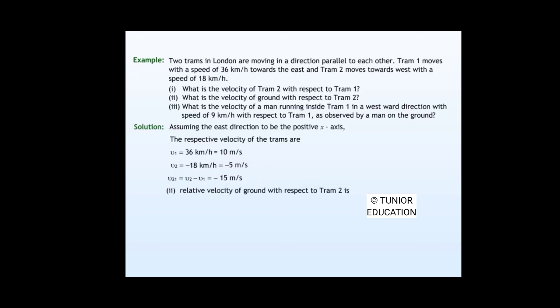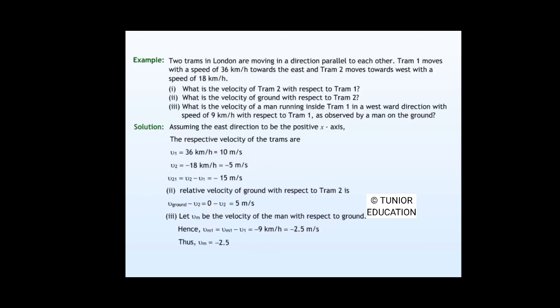Relative velocity of the ground with respect to tram 2 is v ground minus v2 equals 0 minus v2 equals 5 meters per second. Let Vm be the velocity of the man with respect to ground. Hence, Vm1 equals Vm minus V1 equals minus 9 kilometers per hour equals minus 2.5 meters per second. Thus, Vm equals minus 2.5 plus V1, or Vm equals 10 minus 2.5 meters per second equals 7.5 meters per second.